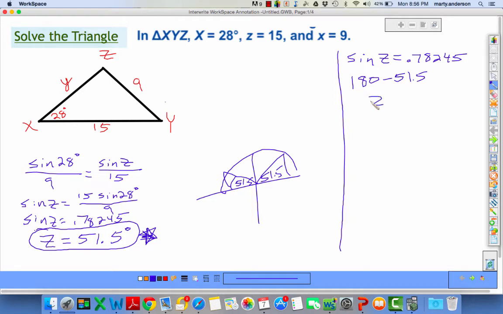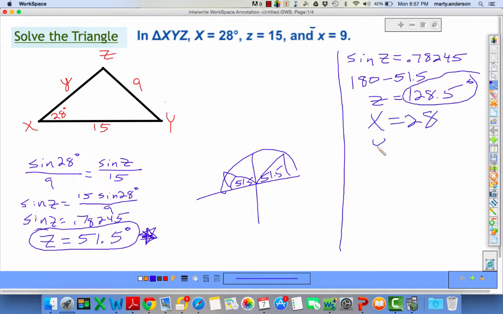So I get a value of z over here of 128.5 degrees. Now here's where you figure out whether or not you can have a triangle. The sum of the angles of a triangle has to be 180 degrees. So I have 128.5 degrees, and I have x is 28.